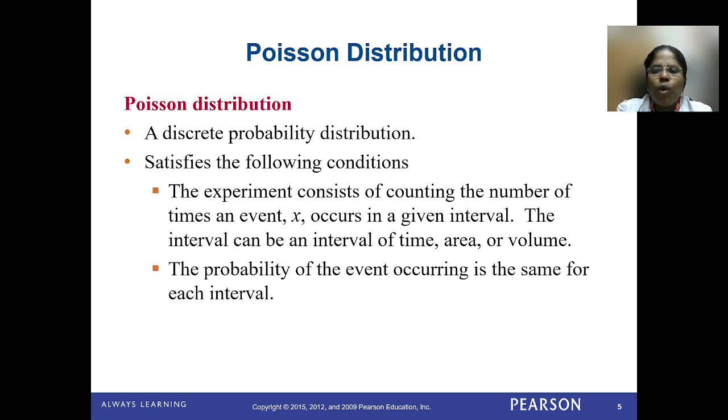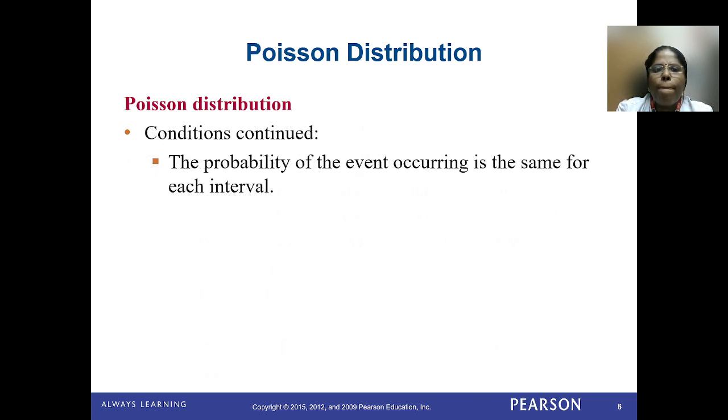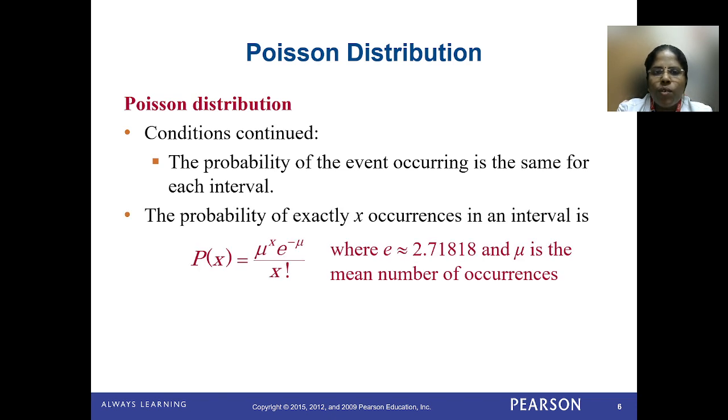The probability of the event should be the same for each interval, and the number of occurrences in one interval is independent of the number of occurrences in the other intervals. Here the probability of occurring is the same for each interval. This one I already told.